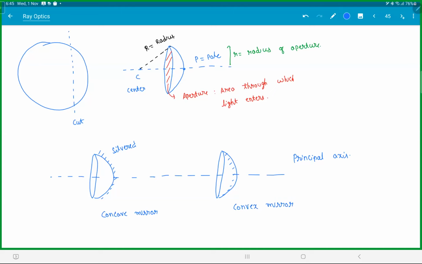Be careful with the convention: aperture, radius of curvature, pole, center. Clear with this? Next thing.